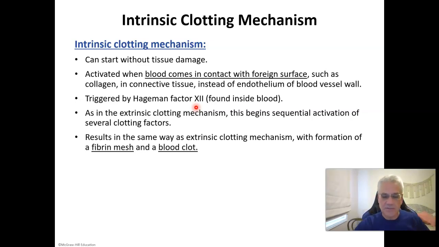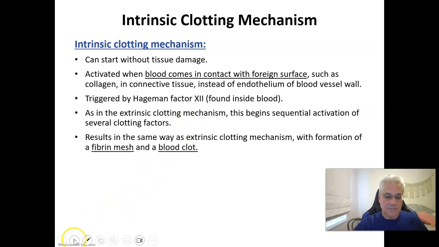You'll see it in the pictures, but I don't expect you to memorize all of the path. Suffice to say, the intrinsic clotting mechanism is a longer pathway and takes longer to activate a fibrin clot. So it's a lengthier pathway, but to the same end result.